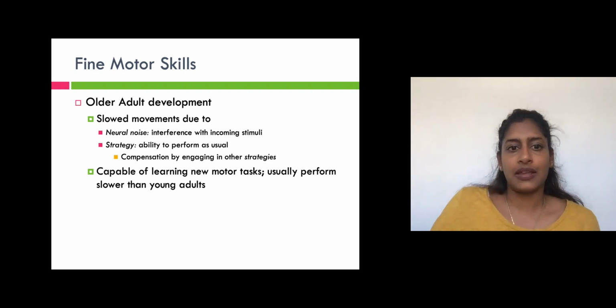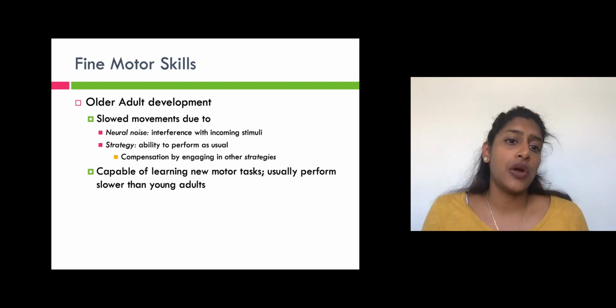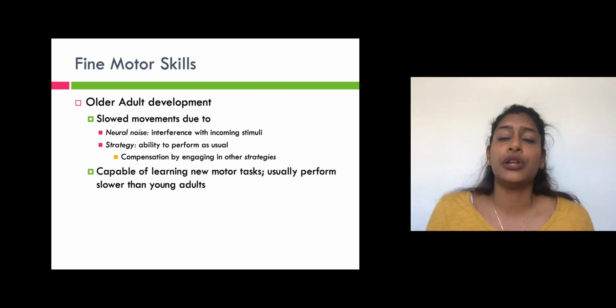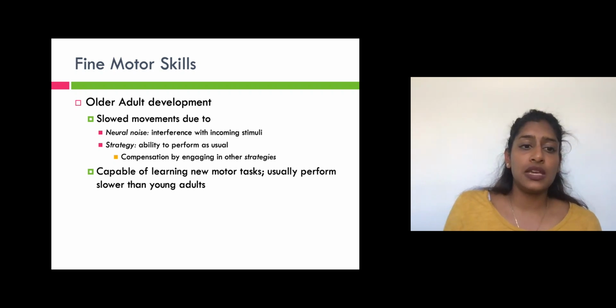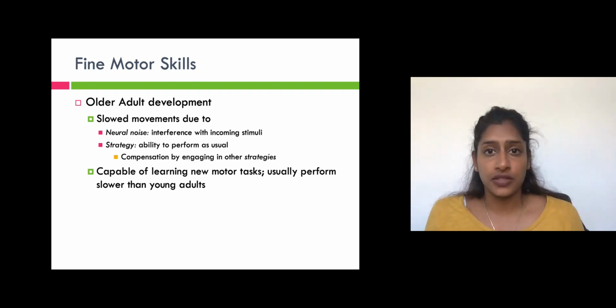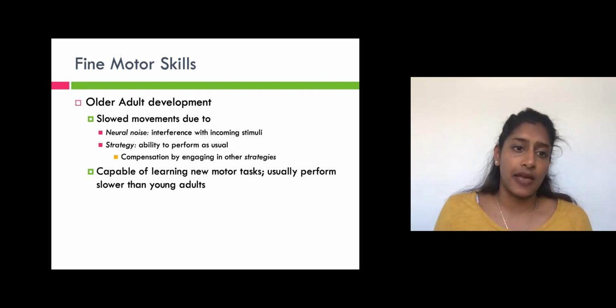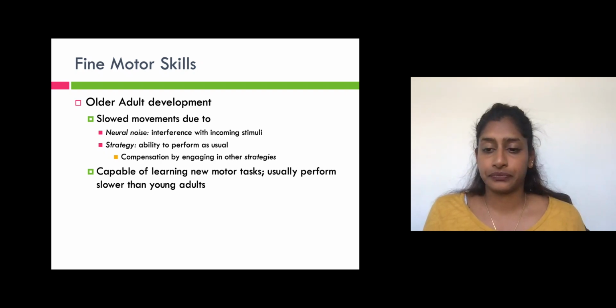They might happen later. It's important to also note that we are capable of learning new motor tasks throughout the lifespan. But as we get older, we might be a little bit slower at doing so as compared to a younger adult.